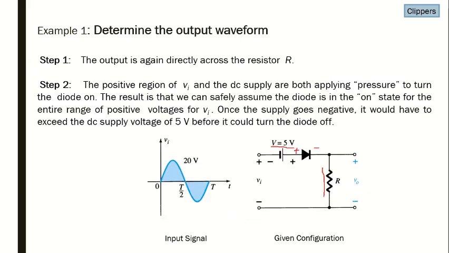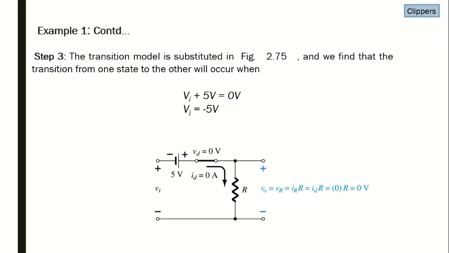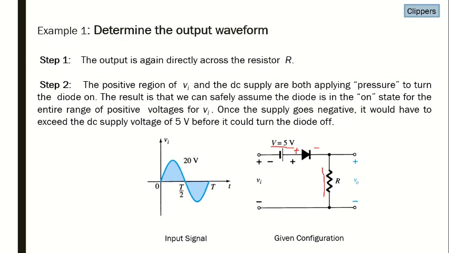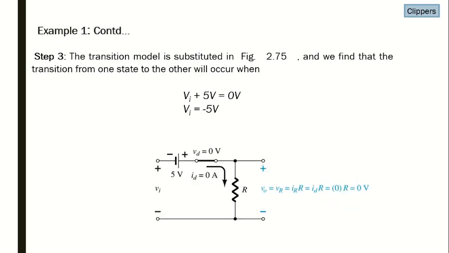Because there is a step up voltage of 5 volts, we are getting here Vi plus 5 is equal to 0 volt, or this is the point where we'll get the 0 volt when the applied potential is minus 5 volt.